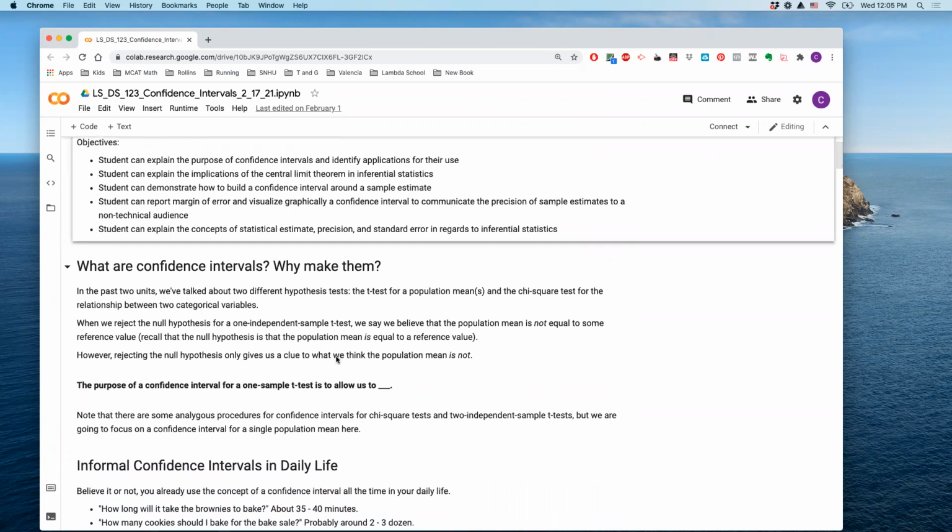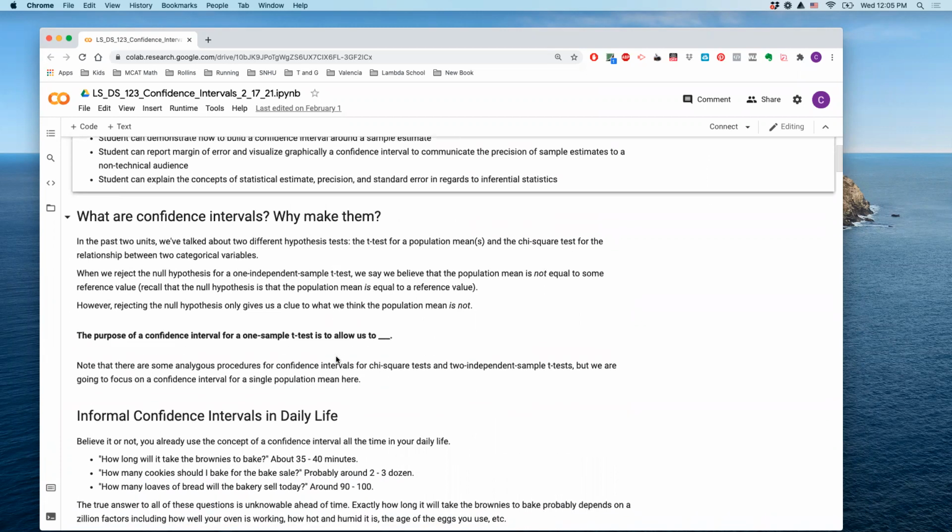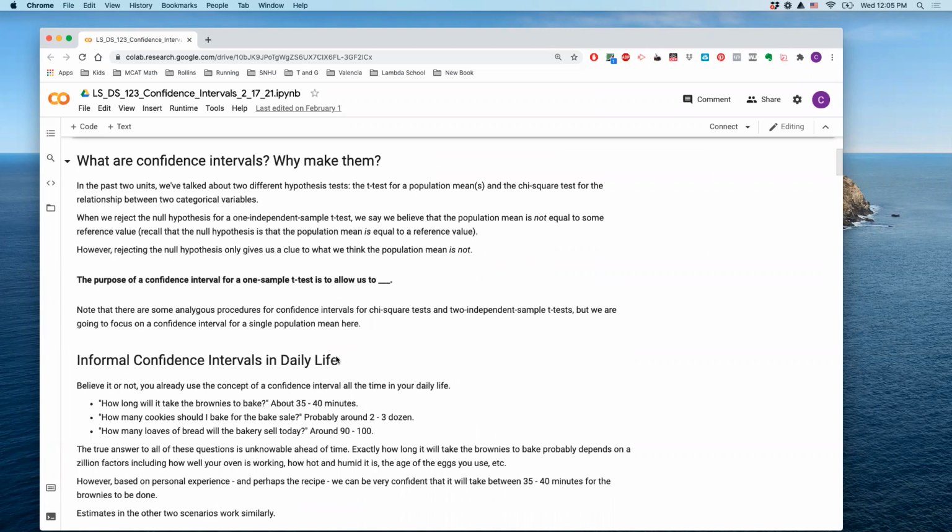But so today we are going to talk about what's called confidence intervals. So this is basically the other half of the hypothesis test piece. So, what are confidence intervals, why make them? Well, up to this point with t-tests and chi-square tests, we've said we can reject the null hypothesis and conclude the alternative hypothesis is true, but that's actually not hugely informative.